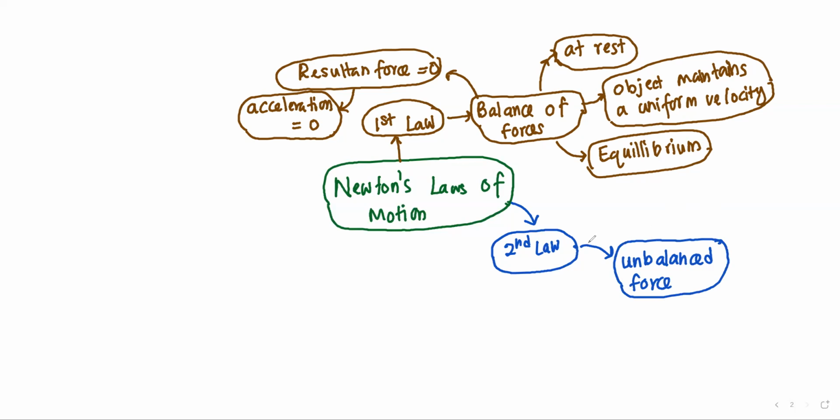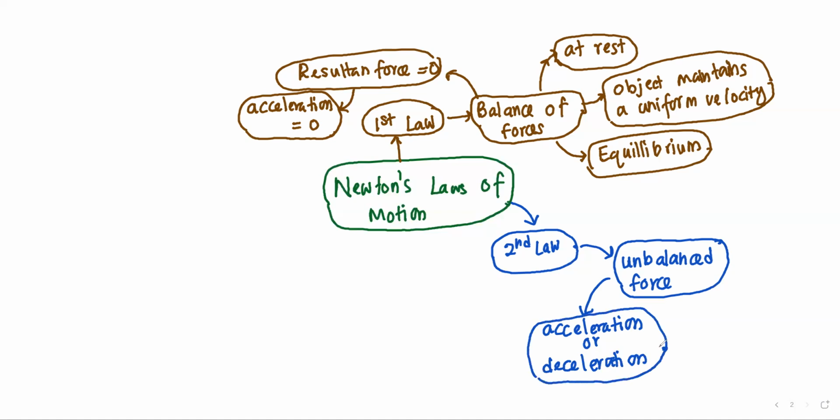If there is an unbalanced force, there is definitely an acceleration or a deceleration, which means the object is constantly changing velocity. So in this condition, we cannot have uniform velocity or uniform motion. It has to be an unbalanced force for an accelerating condition according to Newton's second law.